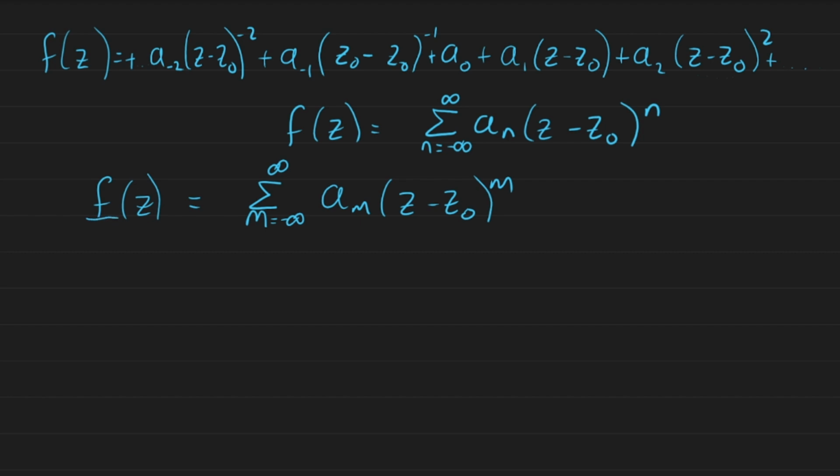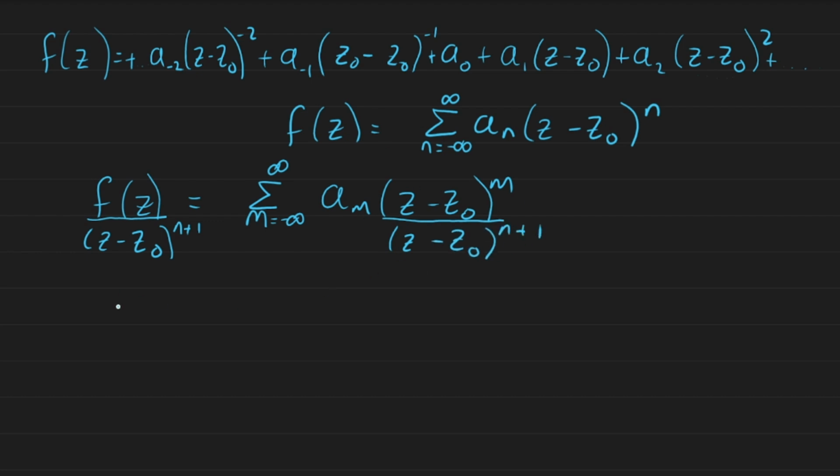So the first thing that we're going to do in this derivation is divide both sides of this equation by z minus z naught to the power n plus 1. And we divide the right-hand side, so we have z minus z naught to the power n plus 1.